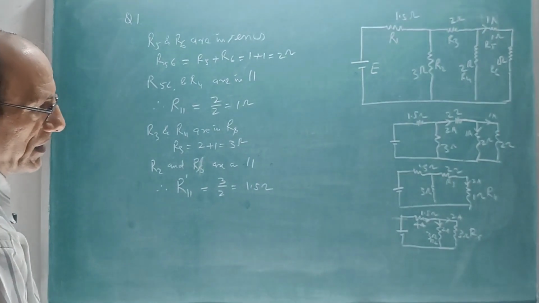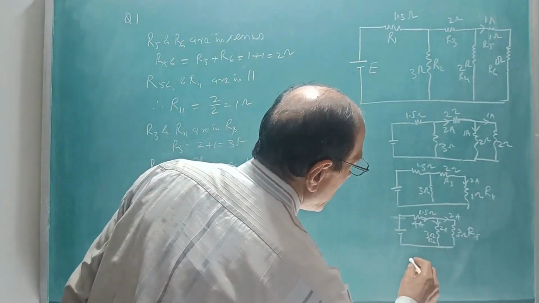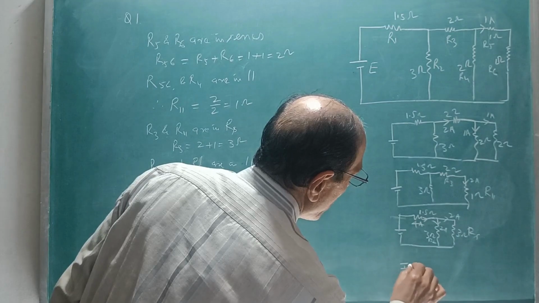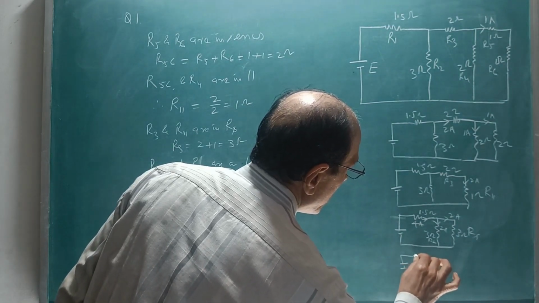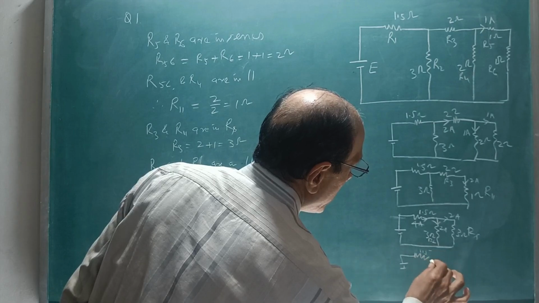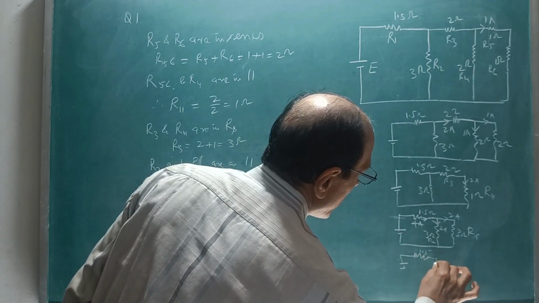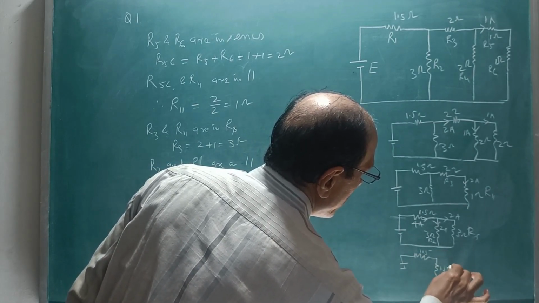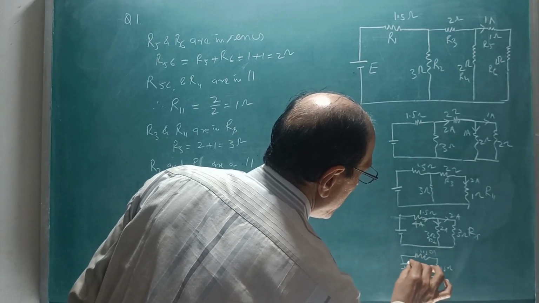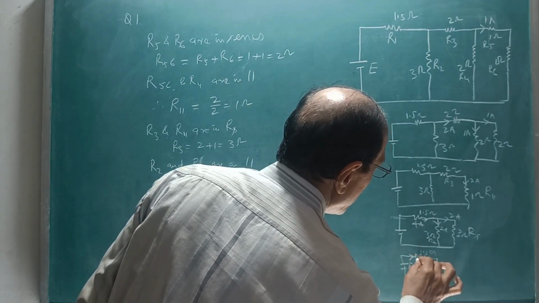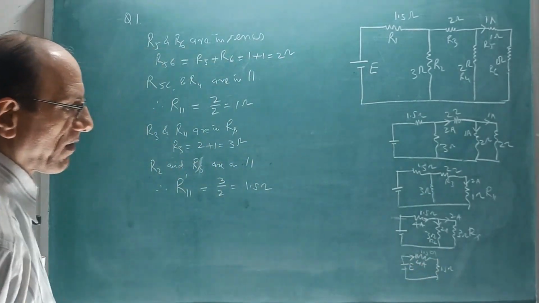That means this equivalent circuit will become 1.5, and here also 1.5 ohm, and this will be the E, and the current is 4 ampere.